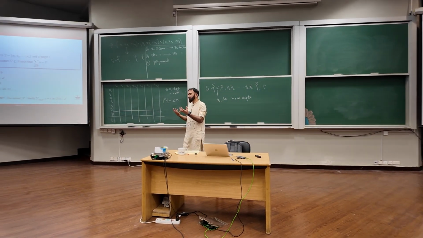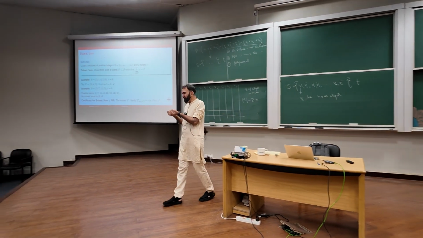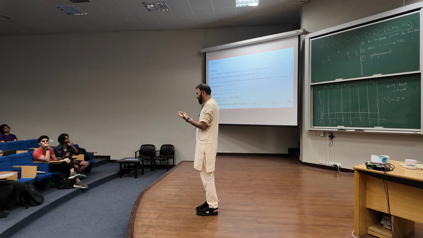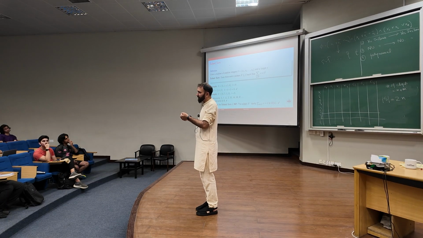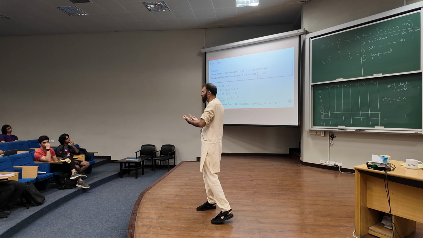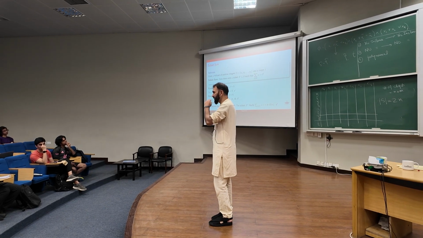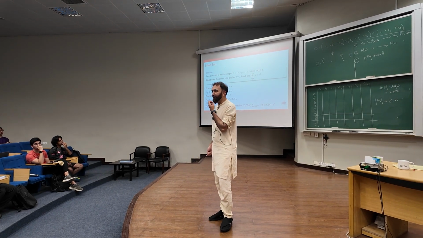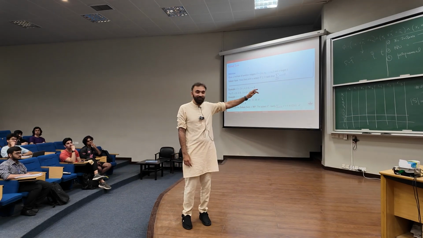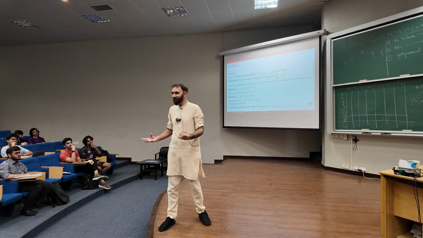I have to construct an integer from the Boolean formula. How do I construct an integer? I construct it digit by digit. I tell you what's the first digit, what the second digit will be, what the third digit will be. I don't have any other freedom. That looks like the only thing I can do. Yes, no? I'm really excited about this reduction, so I want you to be excited about it too.